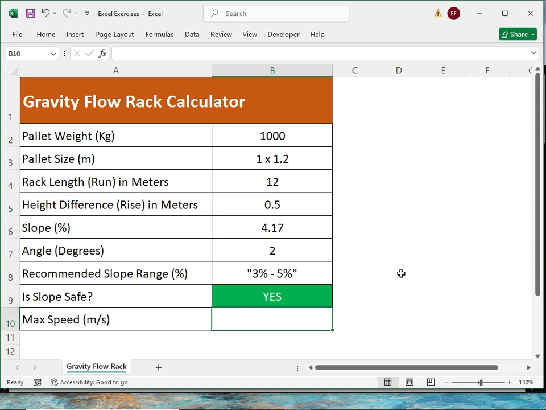Now the next thing I'm going to do is the maximum speed.